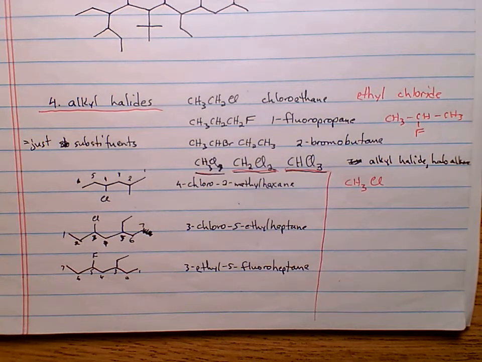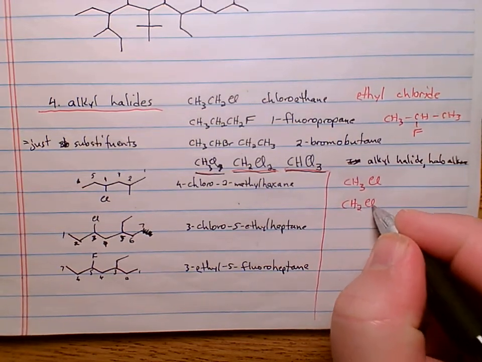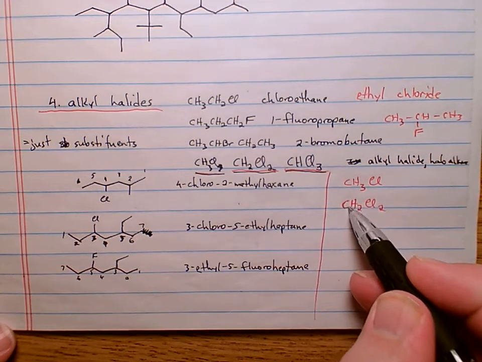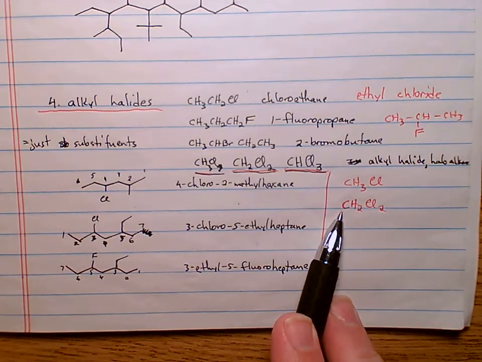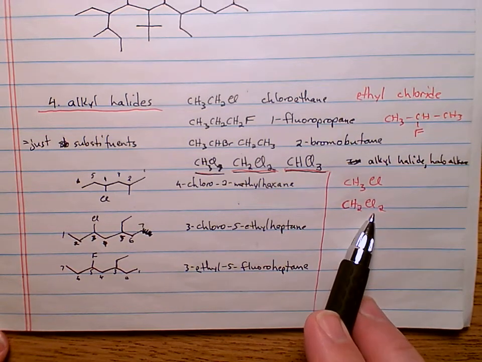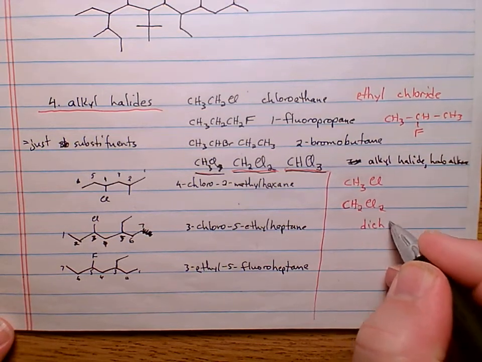What is CH2Cl2? IUPAC says, okay, one carbon in our longest chain, and so the parent molecule is methane. There's two chlorines on it, so IUPAC calls this dichloromethane.